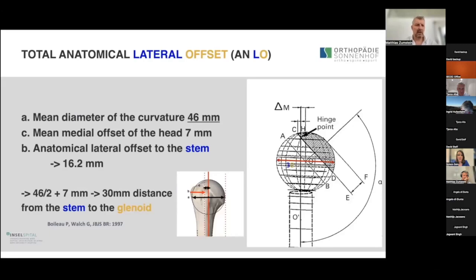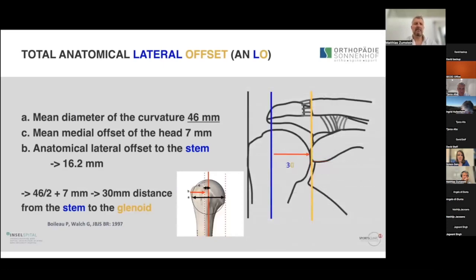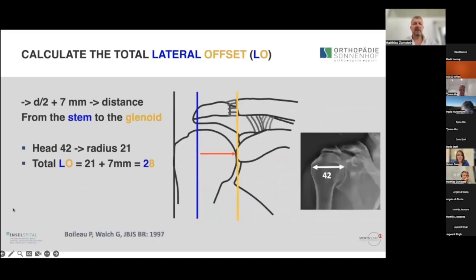And that's why you have an anatomic lateral offset from the GT to the stem of 16.2 millimeters, meaning that if you have a 46 head diameter divided by 2, with a 7 millimeter offset, then the distance from the stem towards the bone is 30 millimeters. So not every shoulder is the same. My shoulder is not the same as yours.